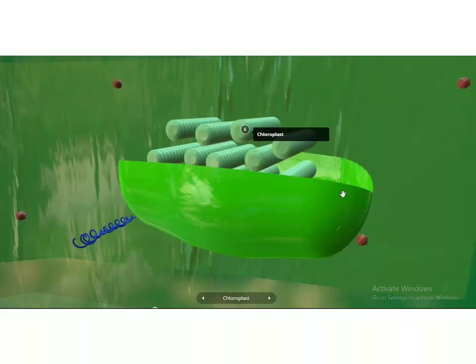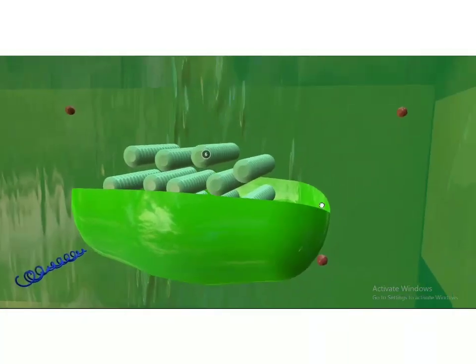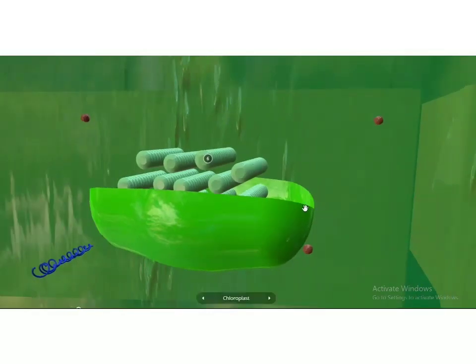Here you see the outer covering, and these stacks of plate-like structures are called grana. The dense fluid inside this chloroplast is called stroma. Do you know what the function of this chloroplast is? They produce food by photosynthesis.